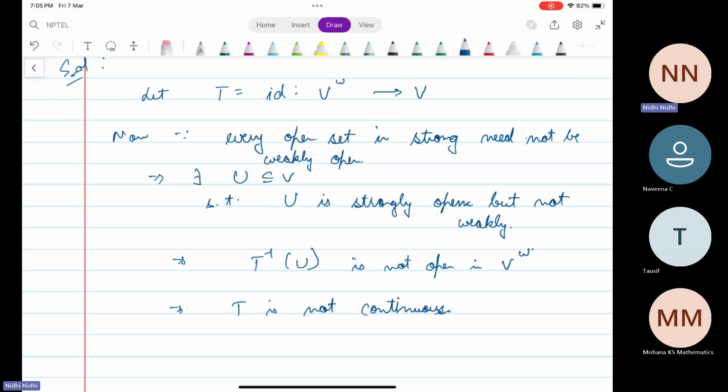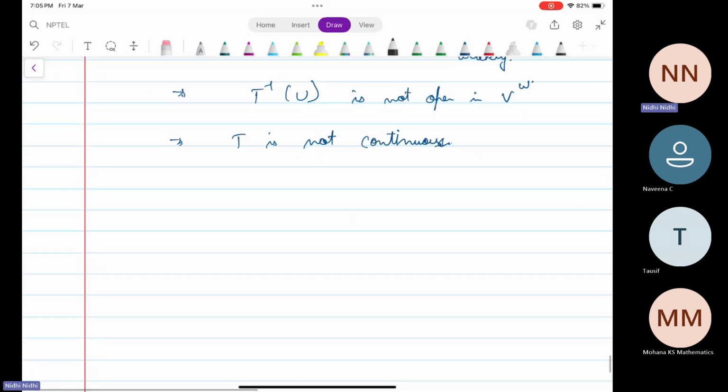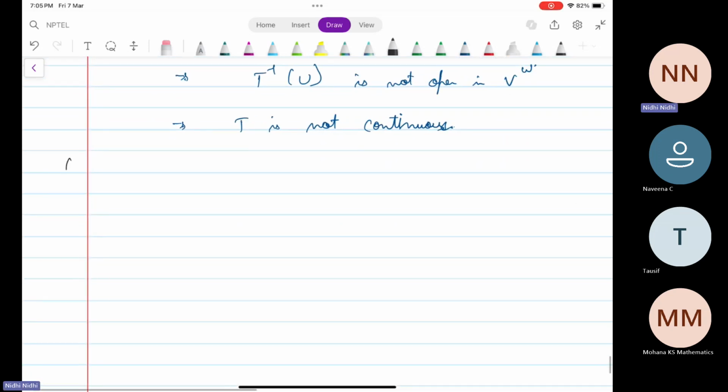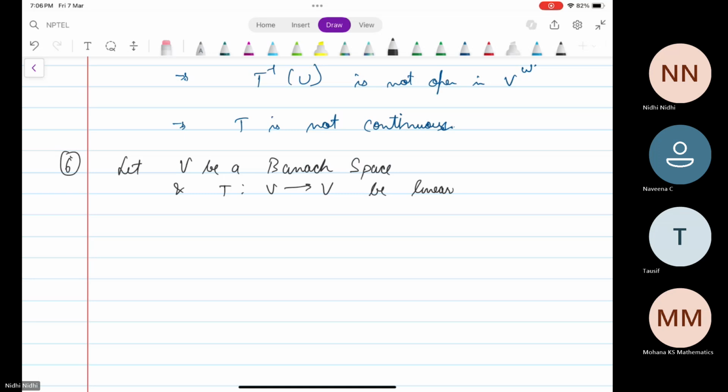Let's move to the next question. Question number 6. Let V be a Banach space and T from V to V be linear. First part.